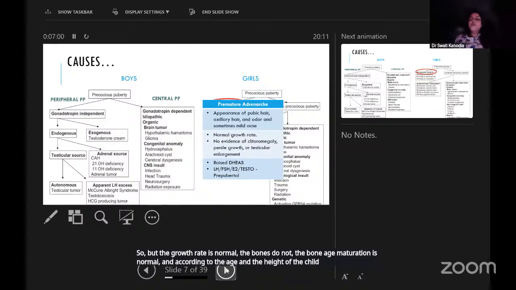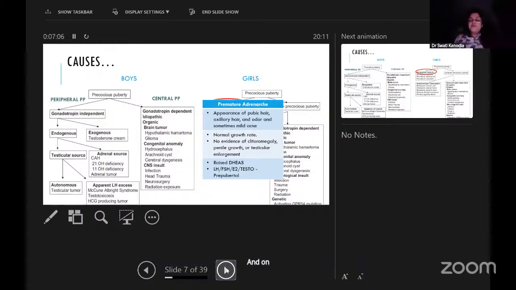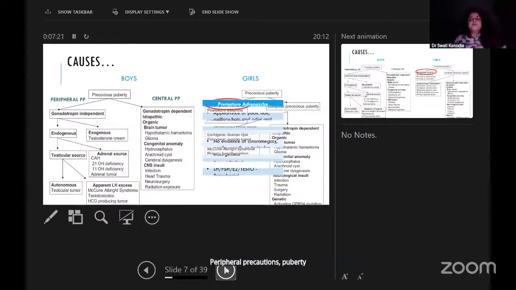There is no evidence of clitoromegaly, penile growth or testicular enlargement. On investigation, you might find that DHEA is raised, but LH, FSH, estrogen or testosterone levels would be pre-pubertal. And this is called peripheral precocious puberty, not true puberty.